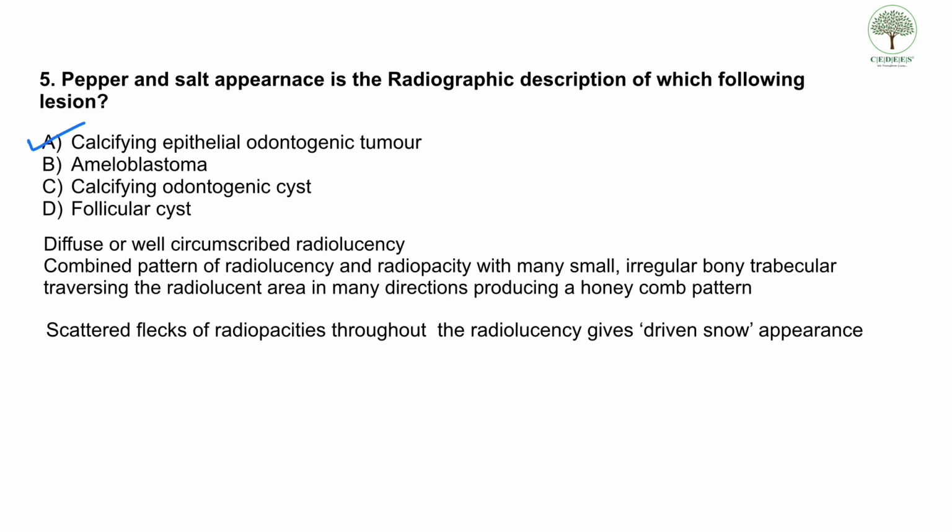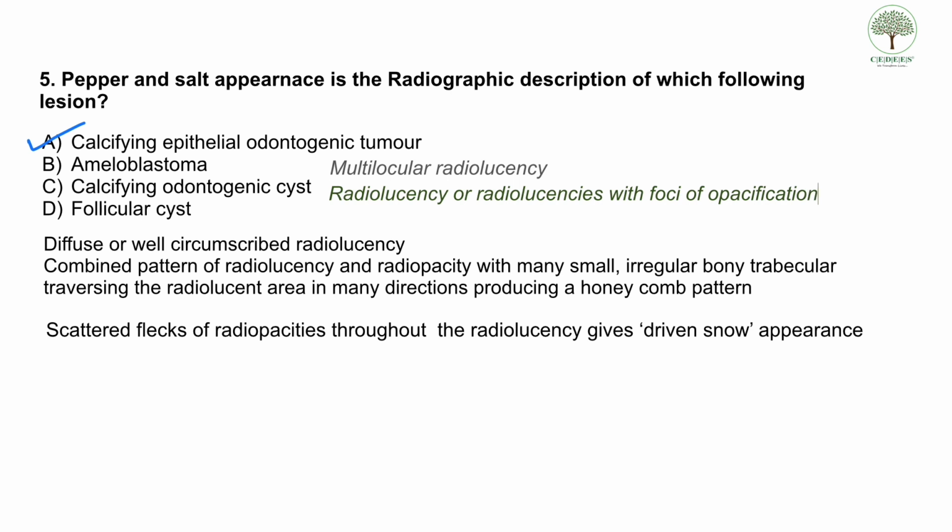Now, ameloblastoma shows a multilocular radiolucency. Your calcifying odontogenic cyst will show radiolucencies or radiolucencies with foci of opacification, which is usually your odontome. Follicular cyst is a dentigerous cyst, which shows a radiolucency associated with an impacted tooth.